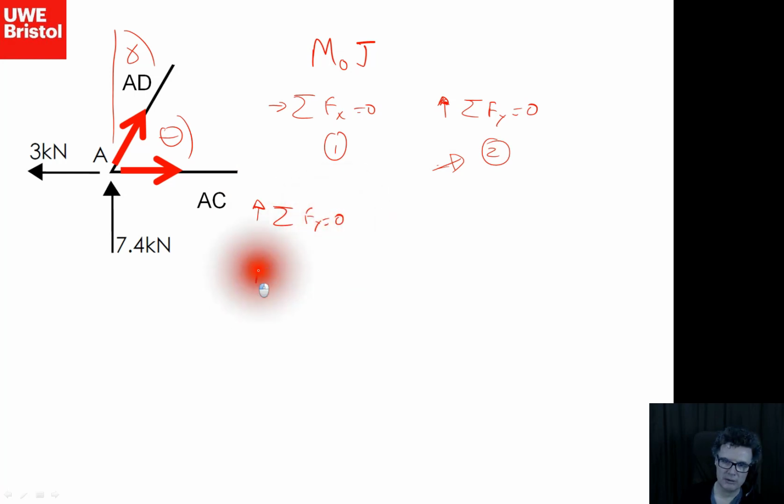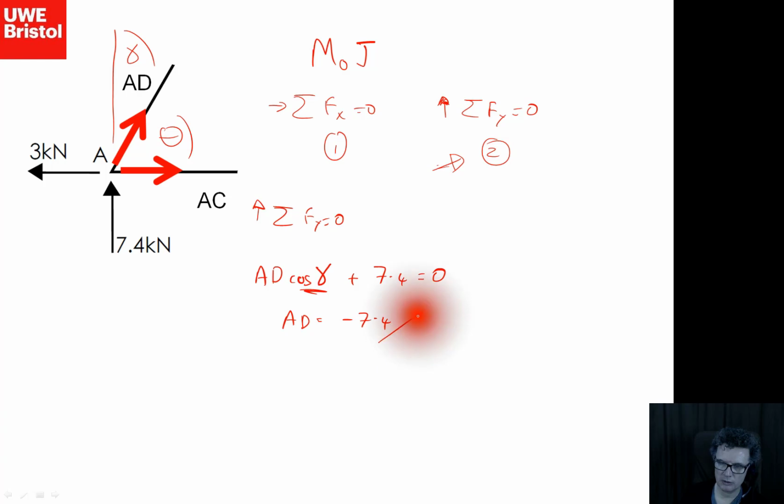So I would then have AD cos gamma plus 7.4 equals 0. Now I would need to know what that value is, but that gives me AD equals minus 7.4 divided by cos gamma.